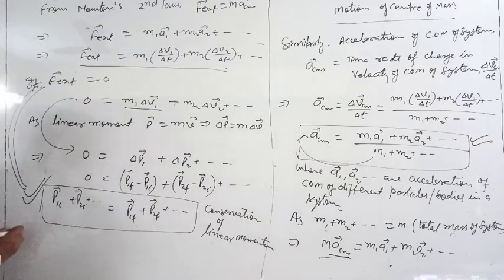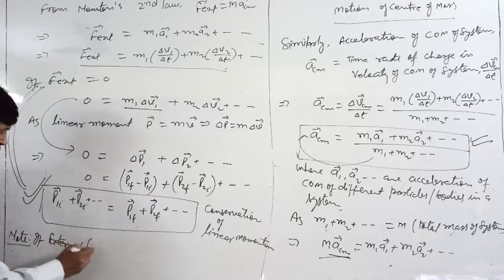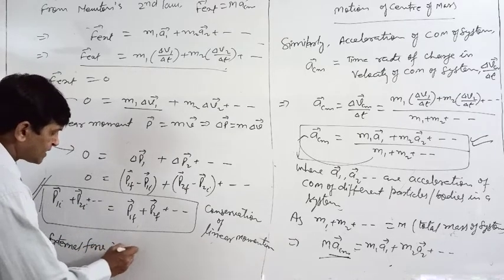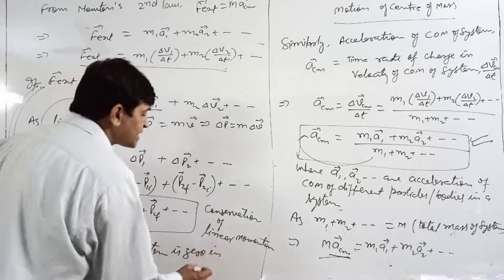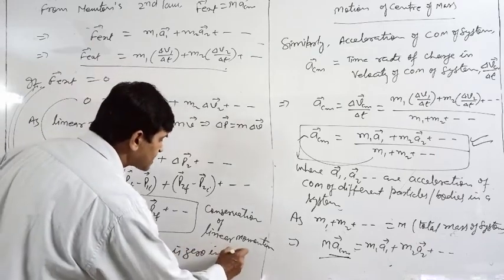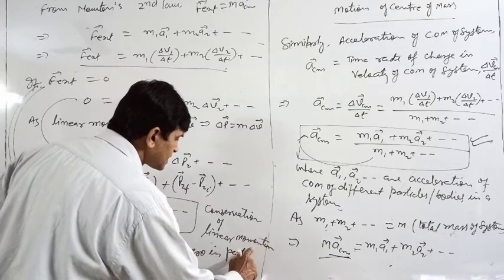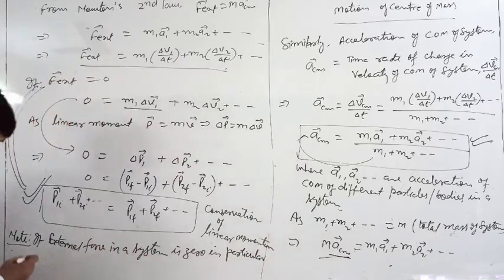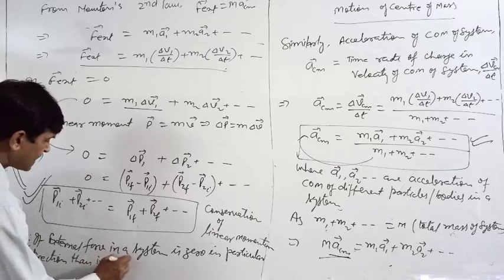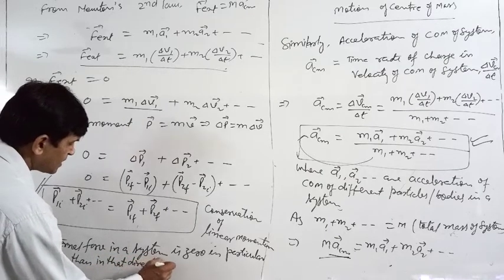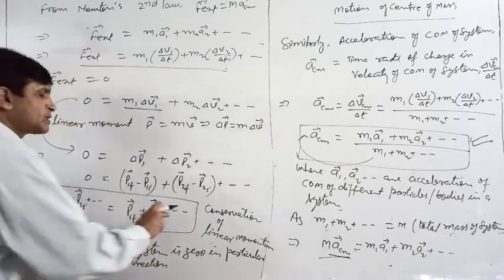Note: if external force in a system is 0 in a particular direction, then in that direction linear momentum of the system will be constant.